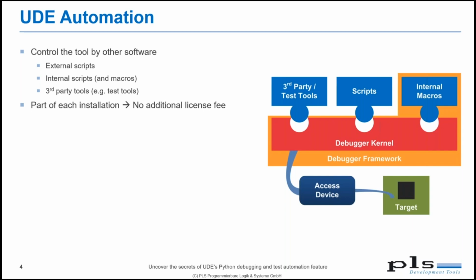As the name says, the purpose of the UDE automation is to automate debugging and testing tasks. This is done by controlling the debugger from another software. This can be a script, or this can also be a third-party software such as a commercial test tool.